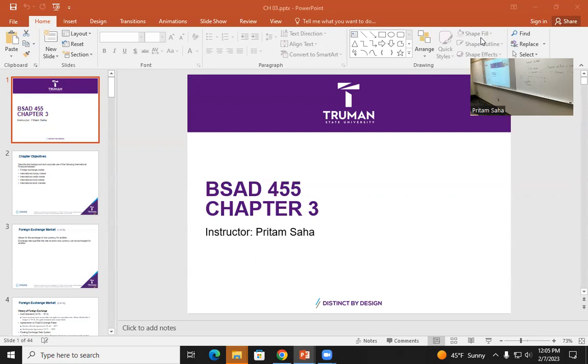The major difference between contracts and options: a contract is an obligation for both the buyer and seller of the contract, both long and short. For options, it is an obligation for the seller of the contract, which is short, but for the buyer of the contract, the long, that's a right.